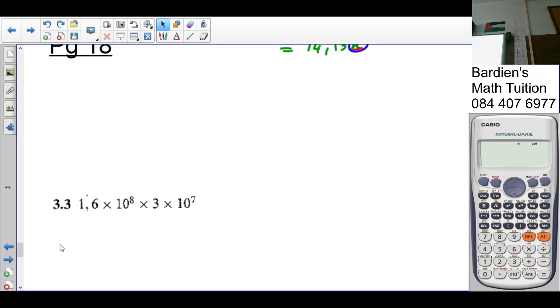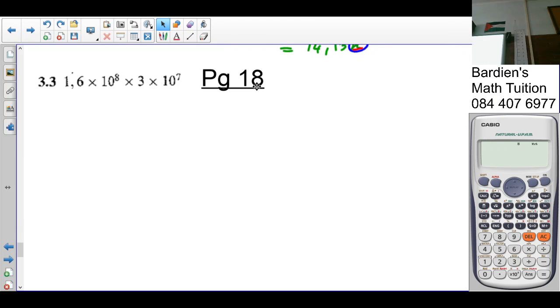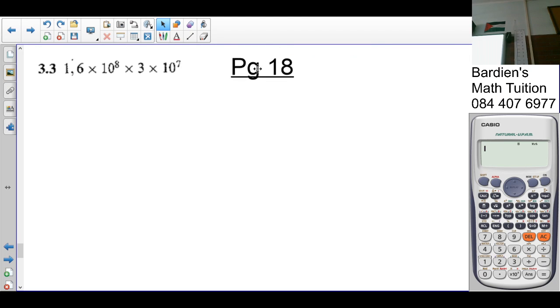On page 18, 3.6. Okay, so the question again is a multiplication question.